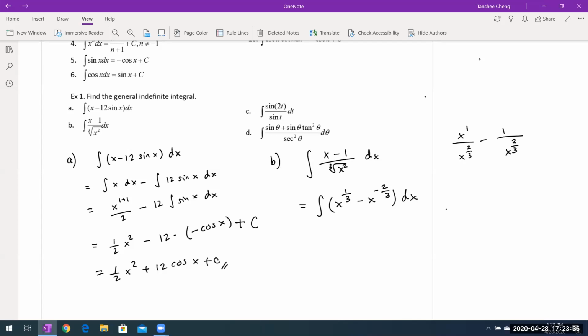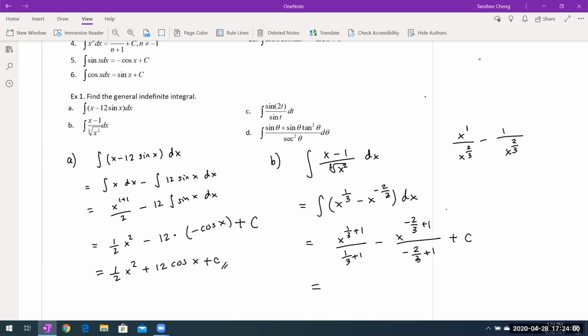If I take the integral of this function, that will become x to the 1/3, I add 1 and then divide by that value, and then minus x to the negative 2/3, I add 1 and divide by that number. Make sure that you add a constant because that will be a family of functions.